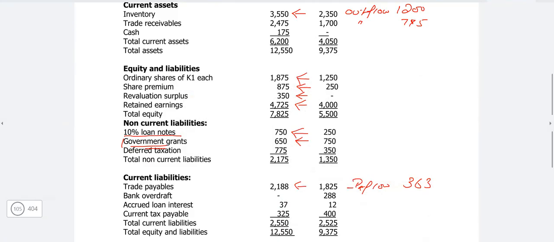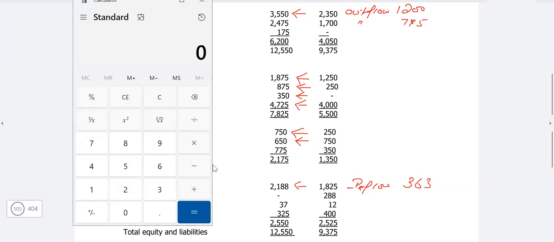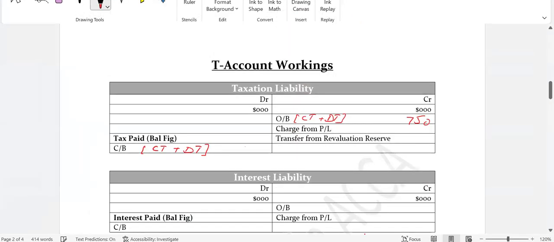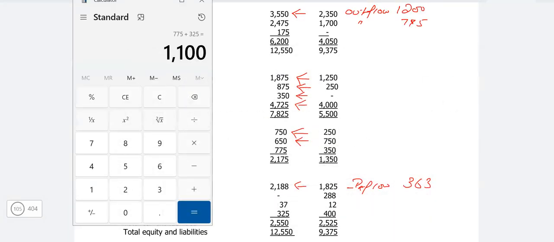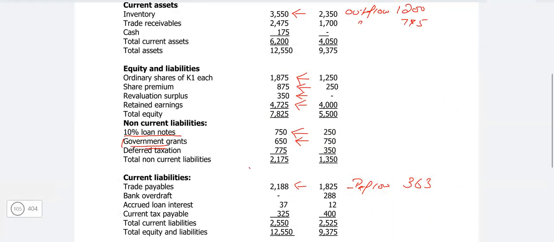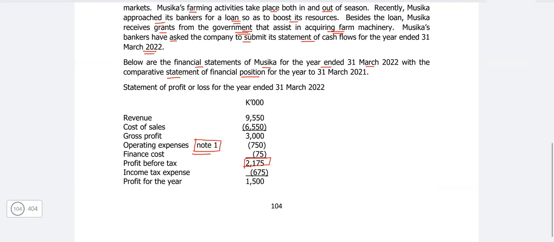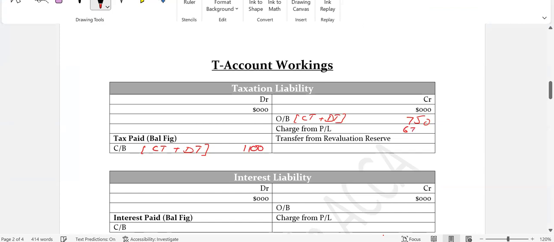In the second year, the deferred tax is 775 and current tax is 325. So 775 plus 325, it is 1100. So the closing balance is 1100. Then we need to take the profit or loss tax figure, which is 675.